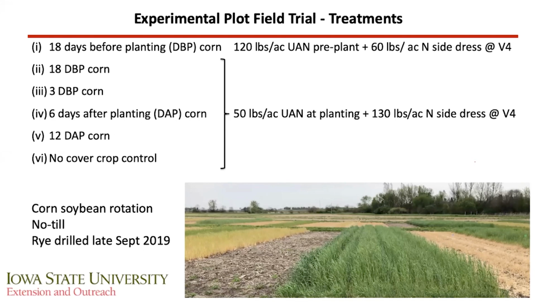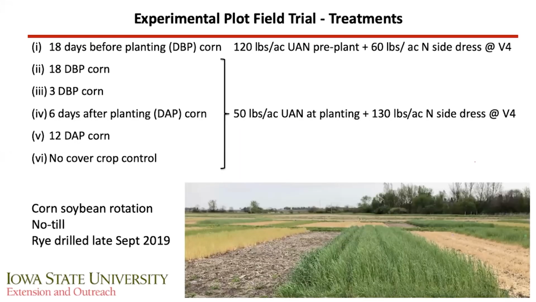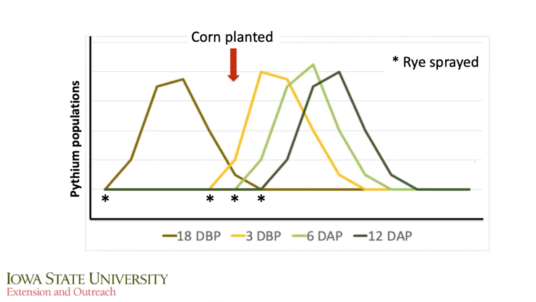It's no-tilled, and the rye was drilled in September. This is a picture from this year's trial, and you can see that we had really good growth of the rye. If we think back to our hypothesis, you can see the brown curve here. That's showing that when the rye is terminated 18 days before planting, this is what we expect the Pythium populations to be doing: increase and then decrease back to background levels.